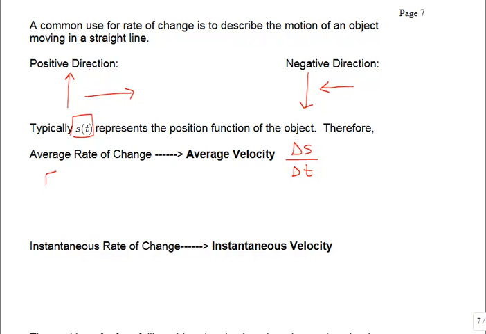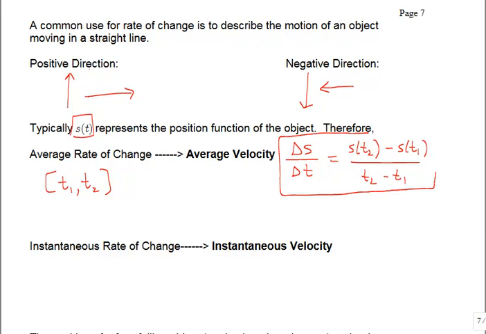So if you were given a time interval, which you would need to be given in order to find an average rate of change, then this would just be the position at time 2 minus the position at time 1 over time 2 minus time 1. You want to memorize that. That is our formula for average velocity.